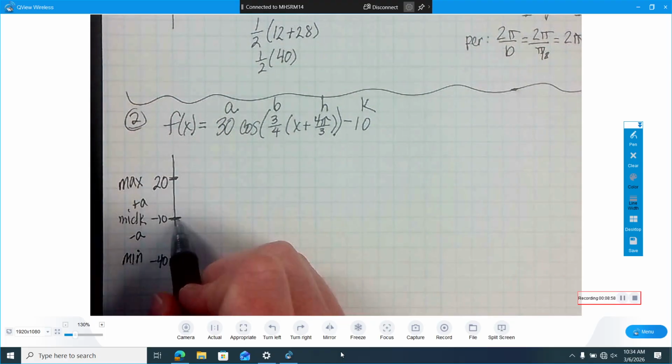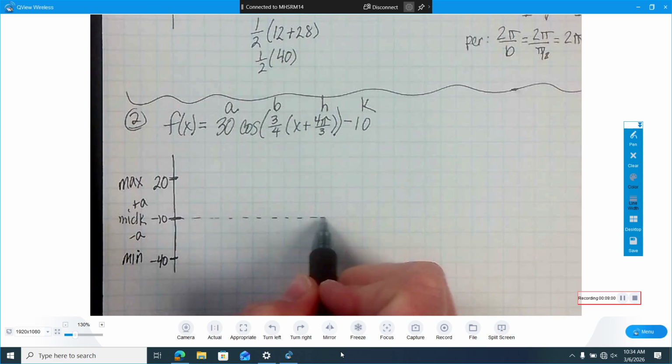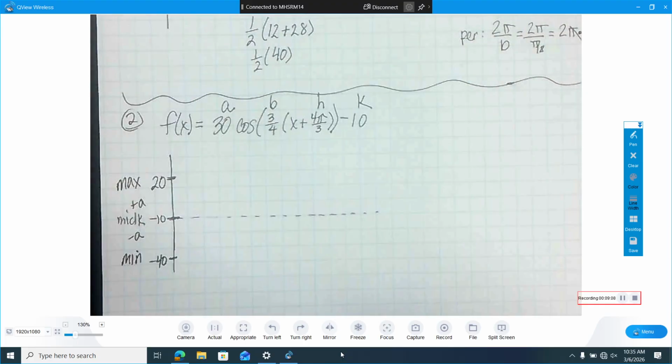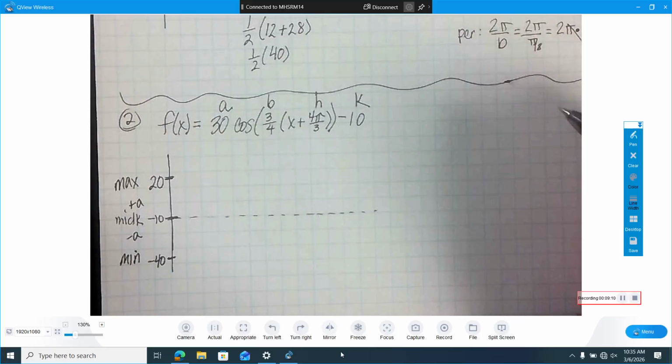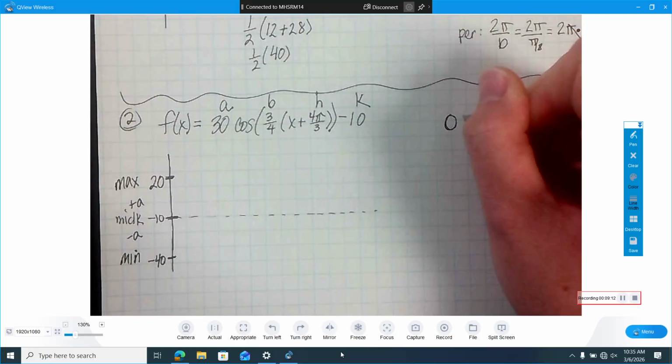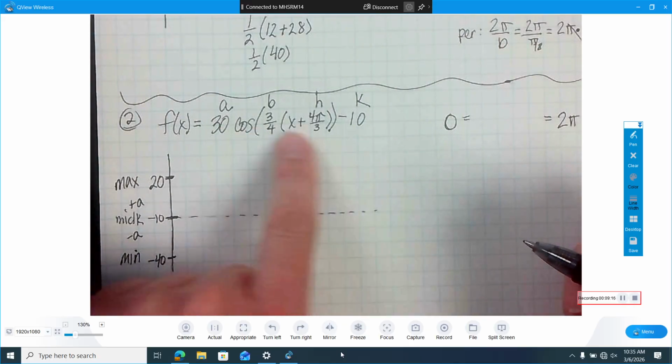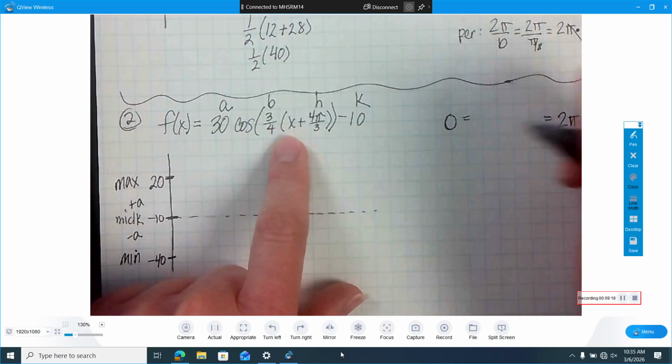All right, so we have our little pretend midline axis there. And now to figure out what my x cycle needs to be on the x-axis, I can simply set up this little compound equation. Normally we start at 0 and end at 2 pi, but everything with x affects those starting and ending points.